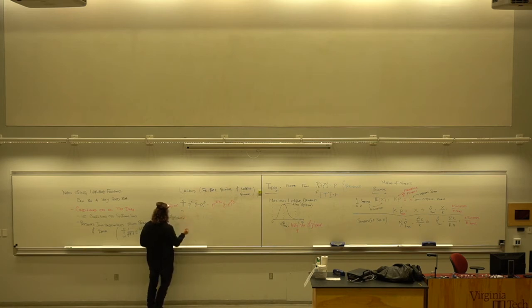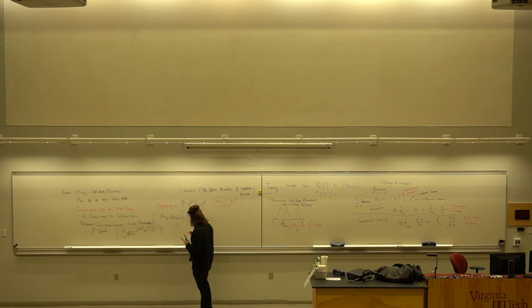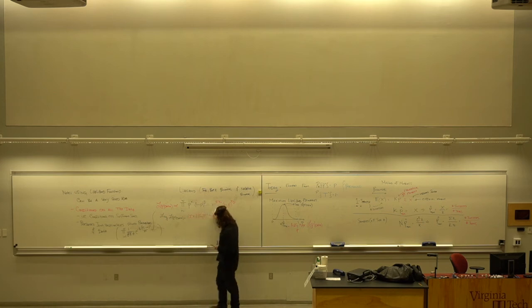This is just going to look like the sum of the xi's times log p, so I've done a little bit of simplification up front, plus the sum of the yi's times log 1 minus p.